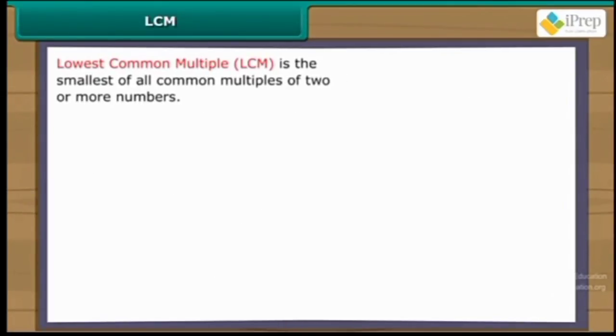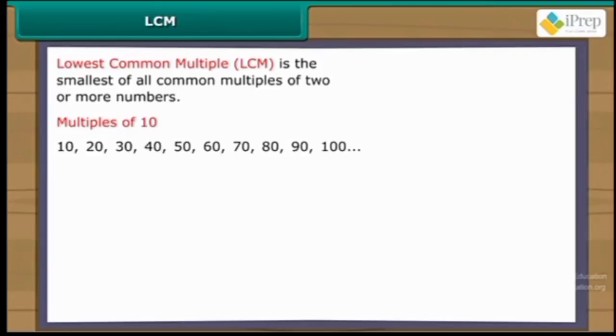Lowest common multiple or LCM is the smallest of all common multiples of 2 or more numbers. Let us identify the LCM of 10, 20 and 25. Multiples of 10 are 10, 20, 30, 40, 50, 60, 70, 80, 90, 100 and so on.